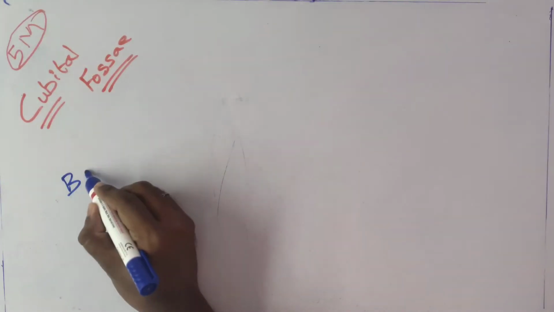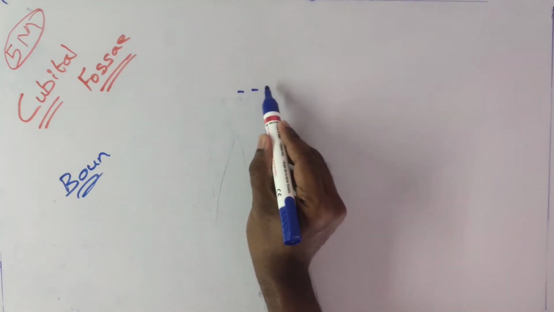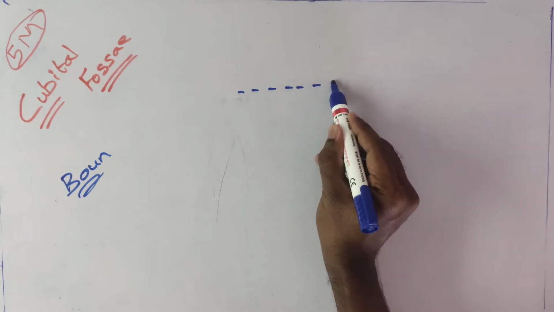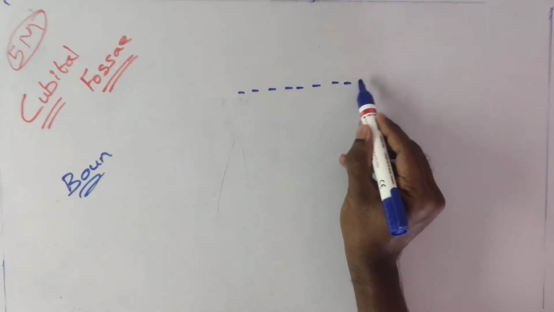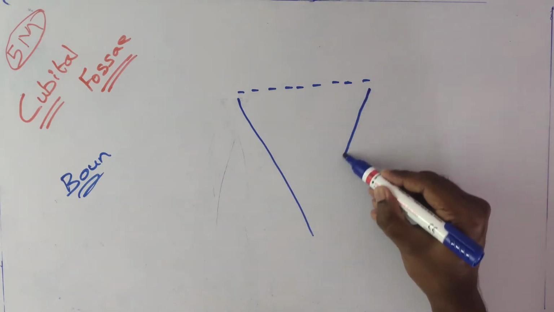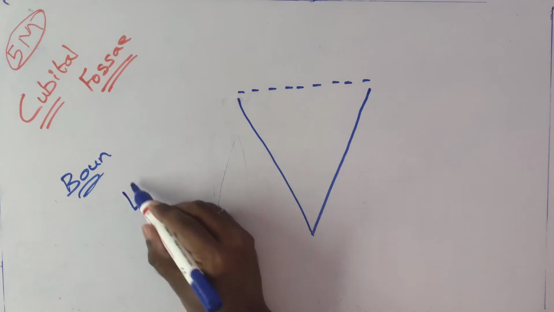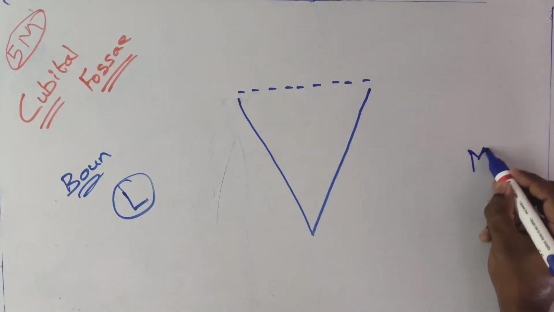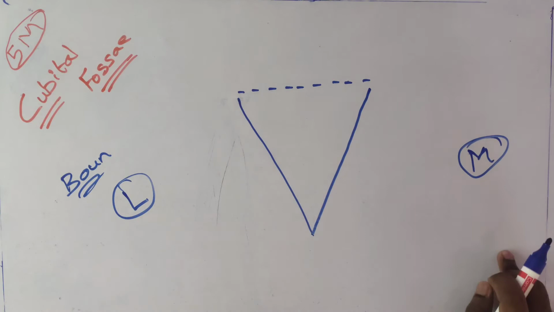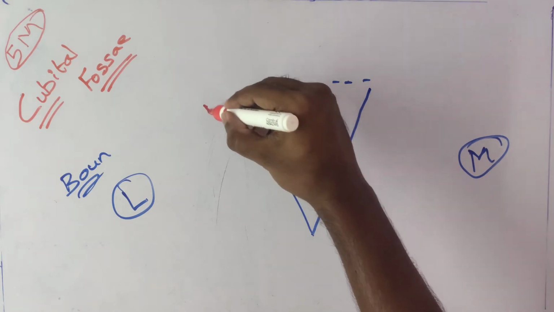Now coming to the boundaries of the triangle. In the cubital fossa, the triangle is in this way. This is the triangle of cubital fossa. Think that it is the lateral side and it is the medial side. At the lateral side there is the brachioradialis muscle.